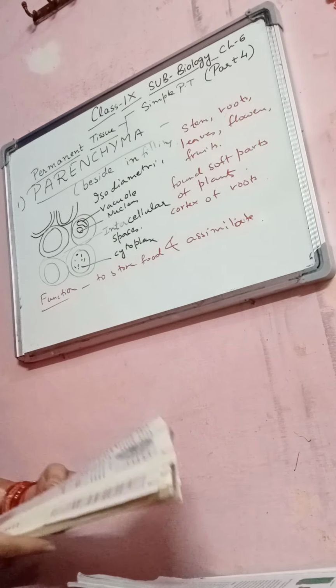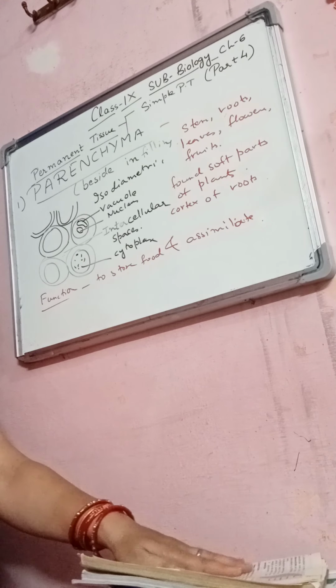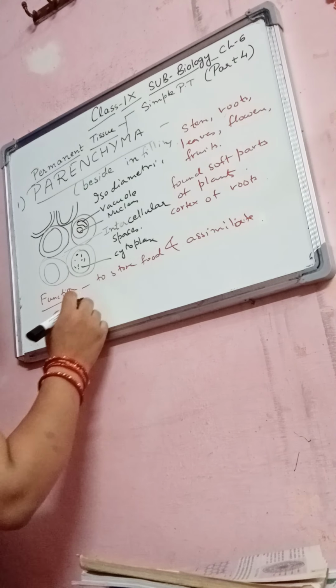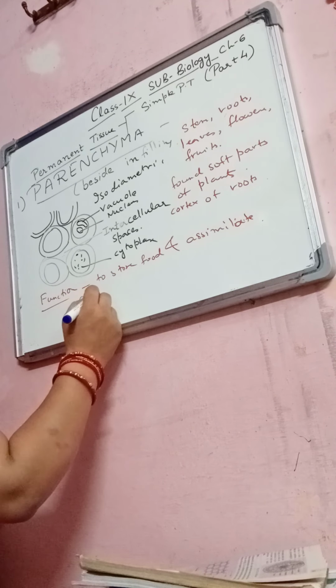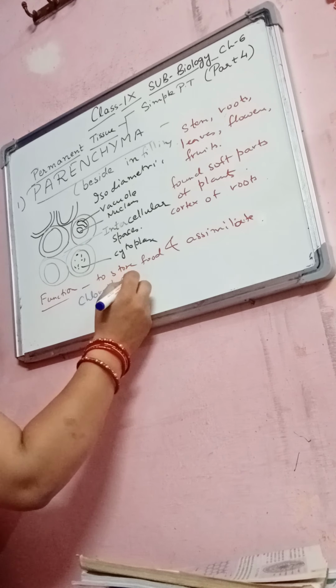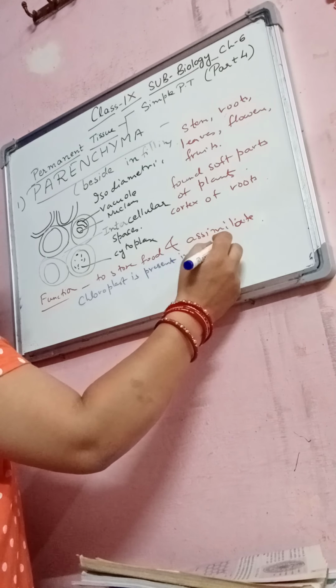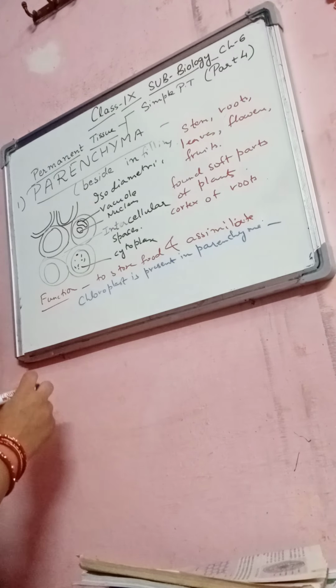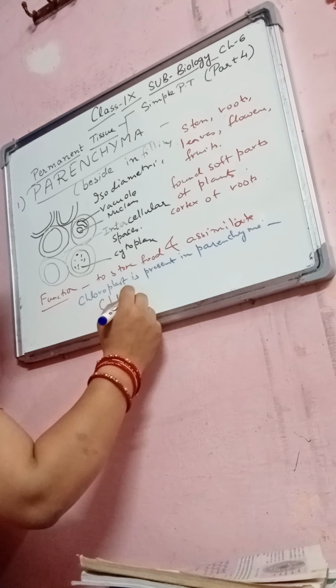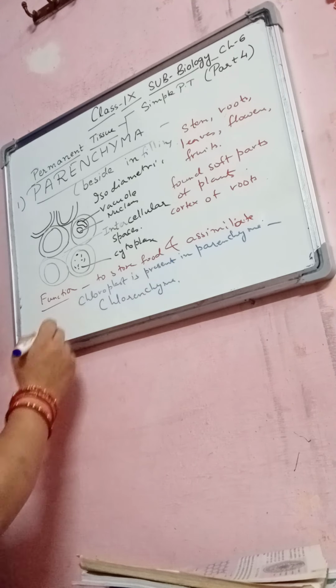If chloroplast is present in parenchyma, it is called chlorenchyma.